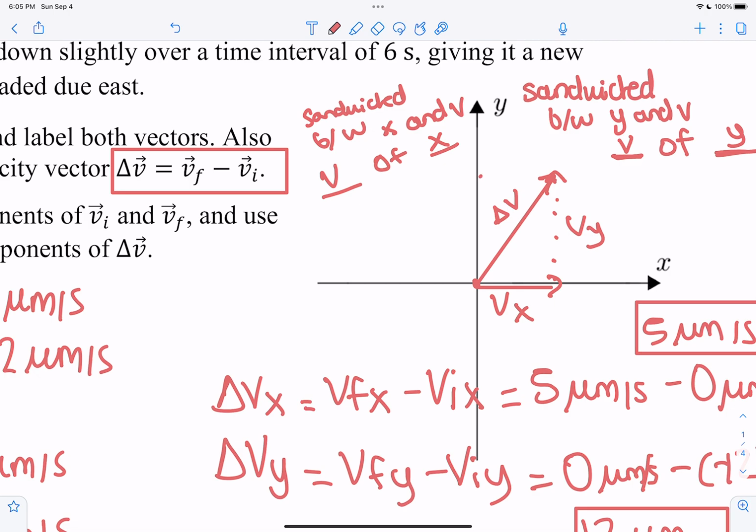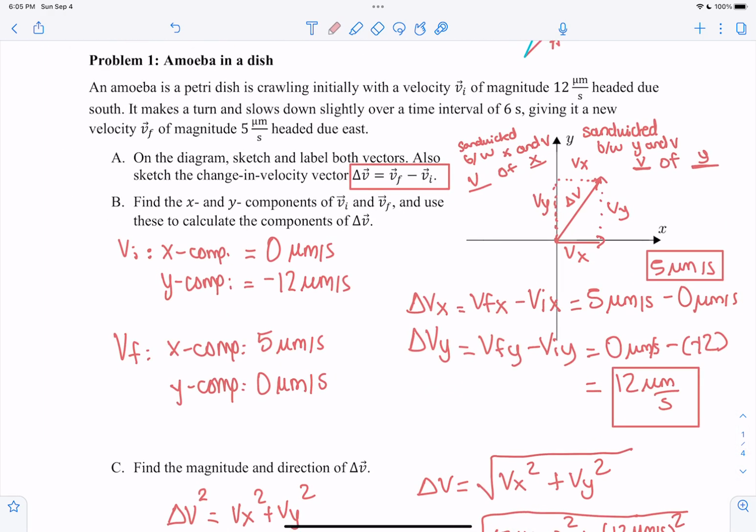The way you can imagine it too is if this was Vx, and this is Vy. So this is Vx, this is Vy. How can I figure out this angle? Yep, excellent, inverse tangent.